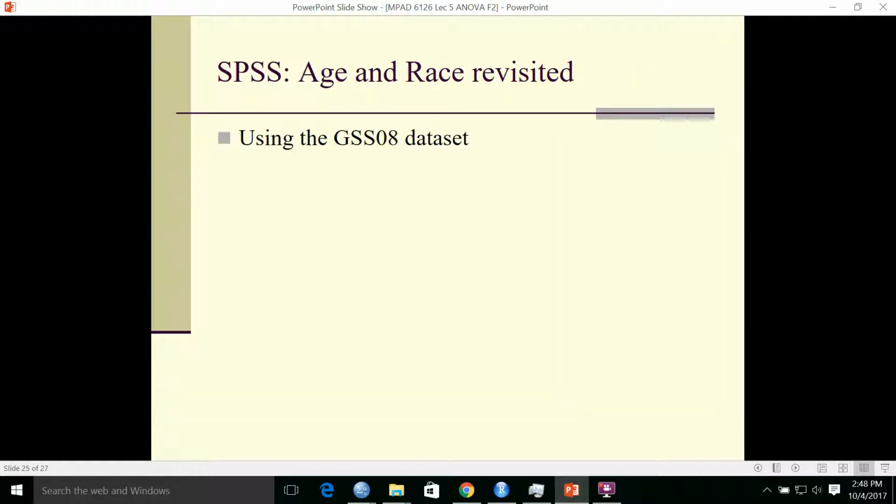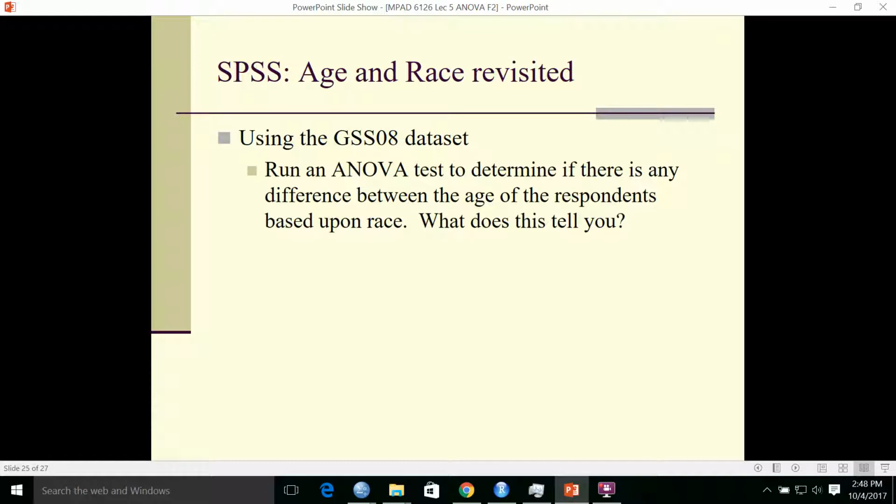One more SPSS example for you to do. Let's revisit the age and the race, just because we set it up with the box plot. Run the ANOVA test to determine if there is any difference between the age of the respondents based on the race.